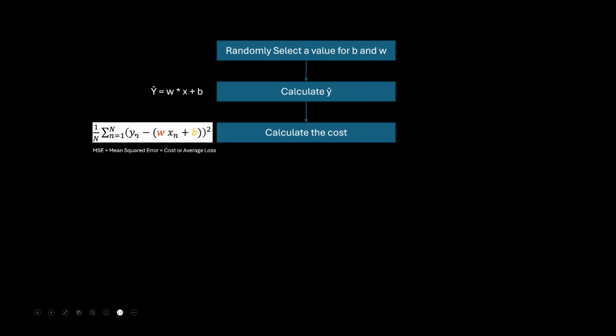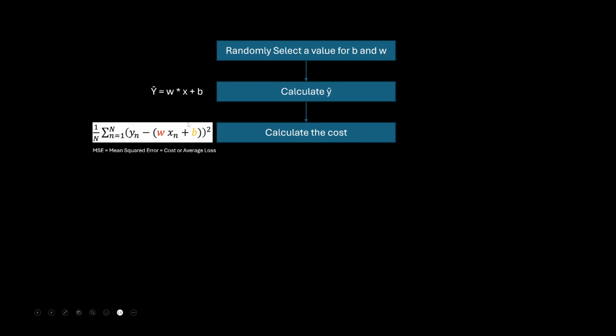We have the actual output for a given input. We subtract that from the predicted value y hat, just like shown here. Again, x sub n is the corresponding input for this output, and then we add the bias. So we subtract and then we square the resulting value, and this is for one sample.